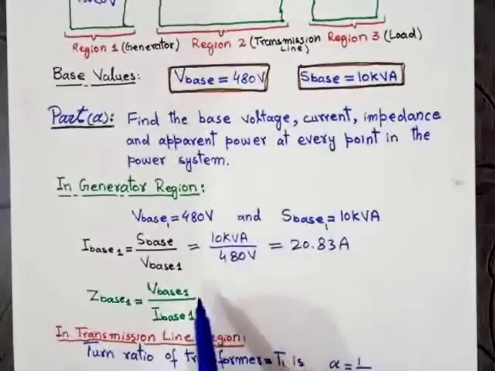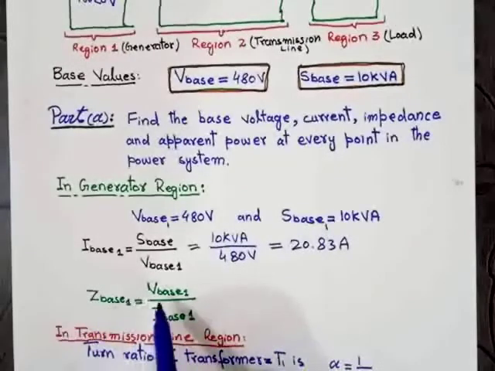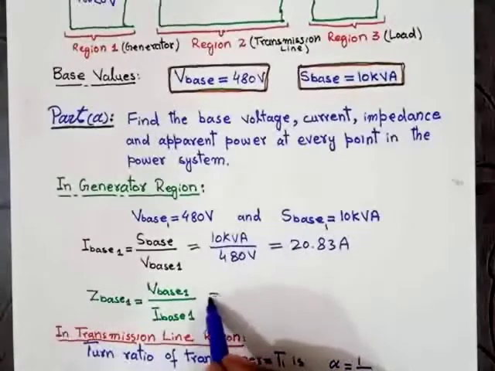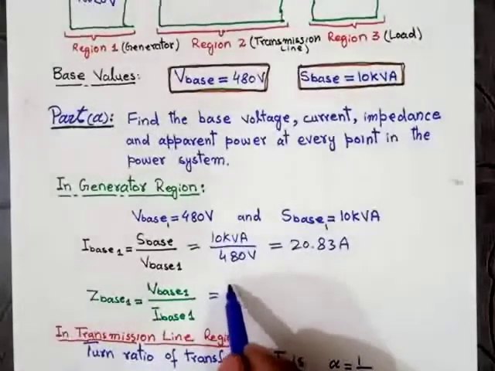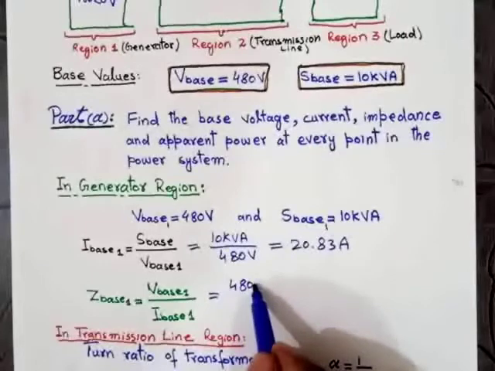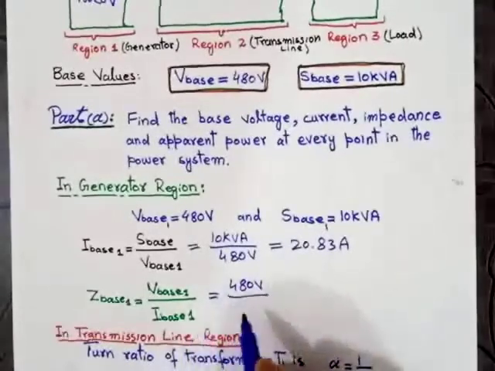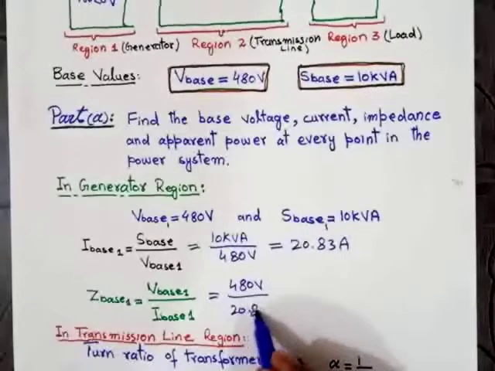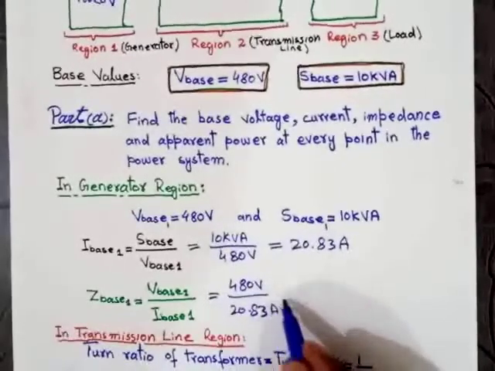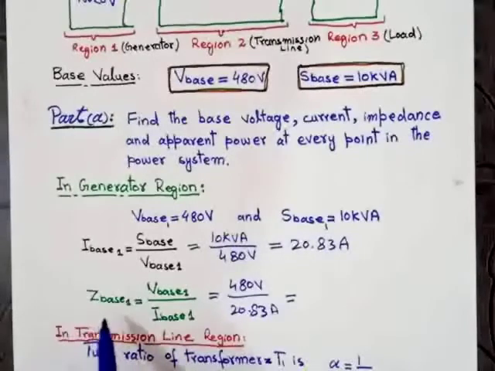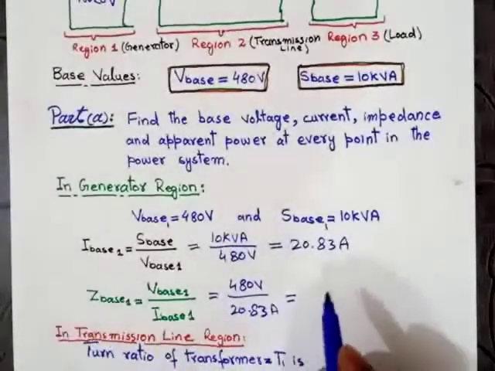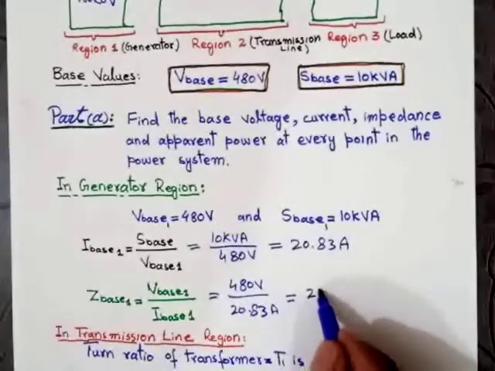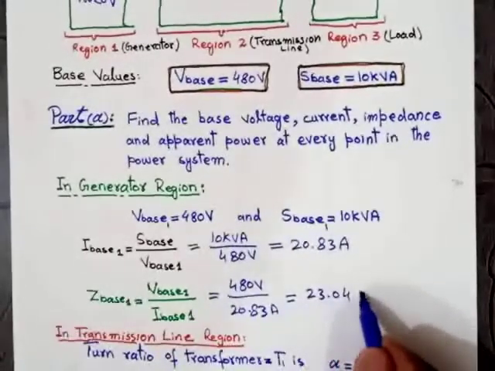So now we will find the base value of the impedance. Putting the base value of the voltage and base value of the current in this equation, where the base value of the voltage is 480 volt and the base value of the current is 20.83 ampere, after solving this equation, we get the base value of the impedance on the generator side of the power system equal to 23.04 ohm.